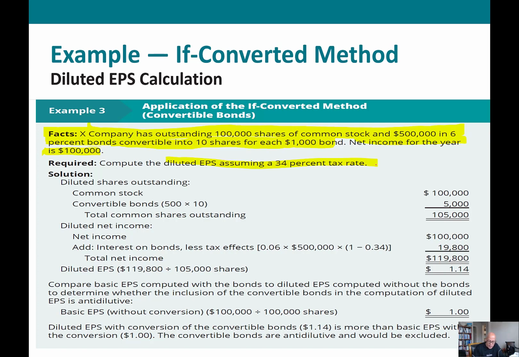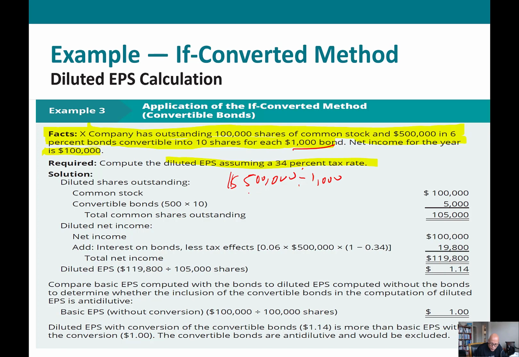Well, we have 500 bonds, and I'm going to switch to pen here now. I think Microsoft could do a better job of giving me my pen palette, but they don't listen to me. So we have $500,000 worth of bonds, and each bond is a $1,000 bond.